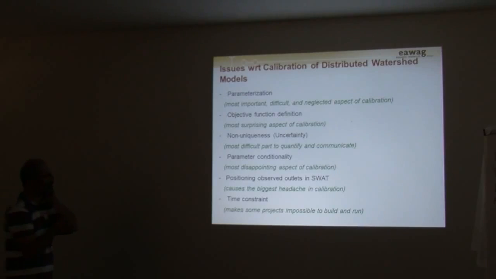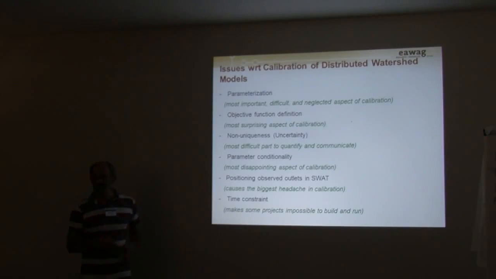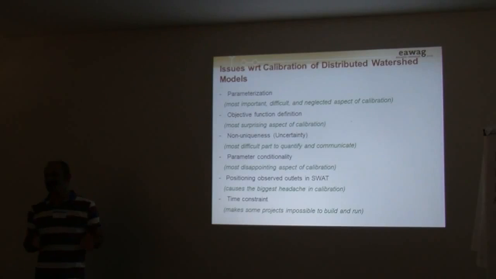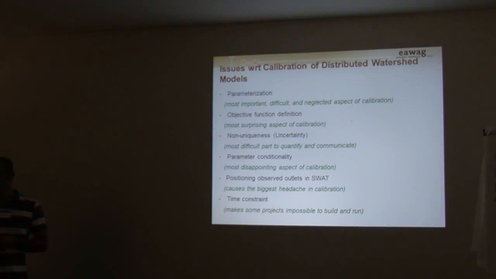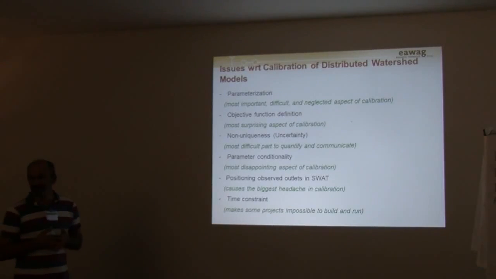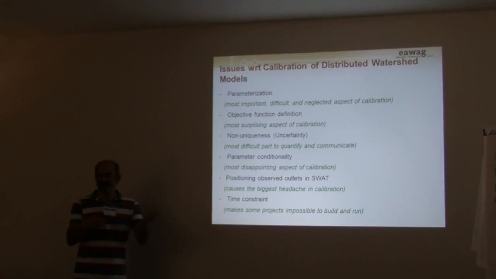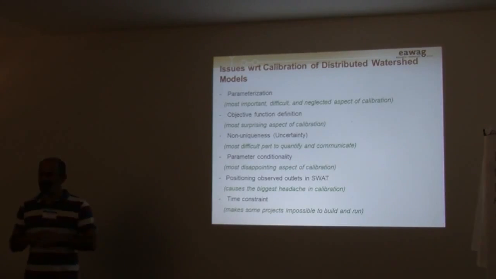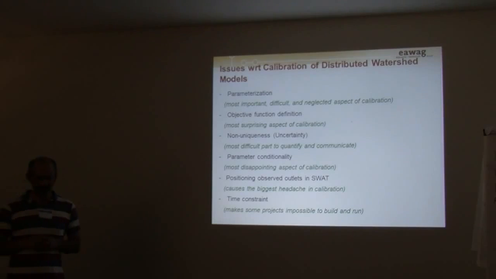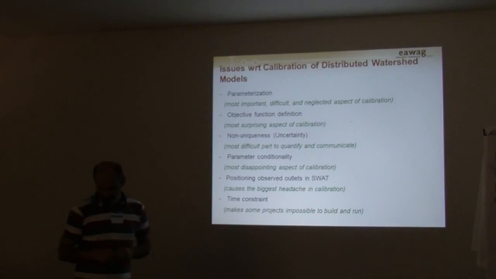You need to spend some time to calibrate. And if you have a larger model and SWAT takes 1 or 2 hours, or in our case, 37 hours to run, then there's no way you have enough time to calibrate that model. So often we make some runs and then we say, okay, this is calibration. So that's a problem, time constraint.